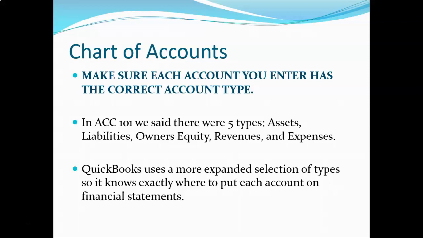Does it go on the income statement? Does it go on the balance sheet? Exactly where? Does it need to be added or subtracted? And so it has this expanded set of types. It's taken those 5 basic types and pulled them apart into different type names that they use. So we have to know what their types are as we add these accounts in.